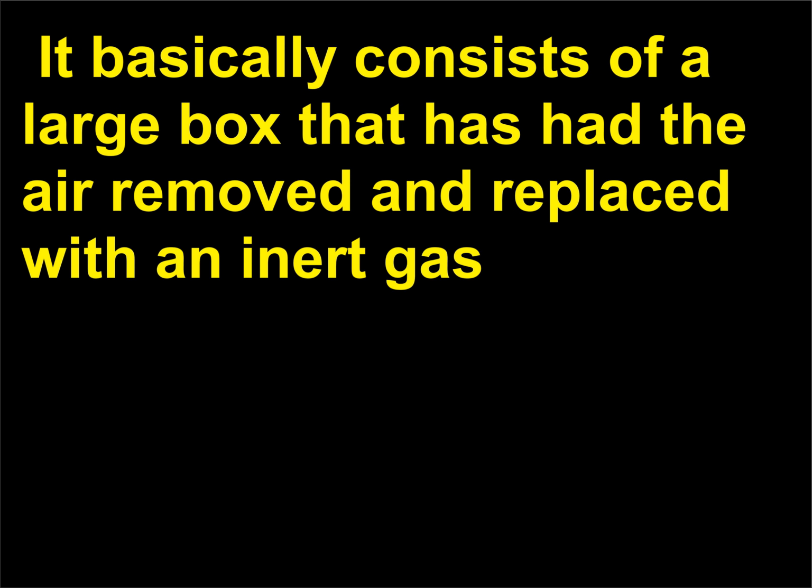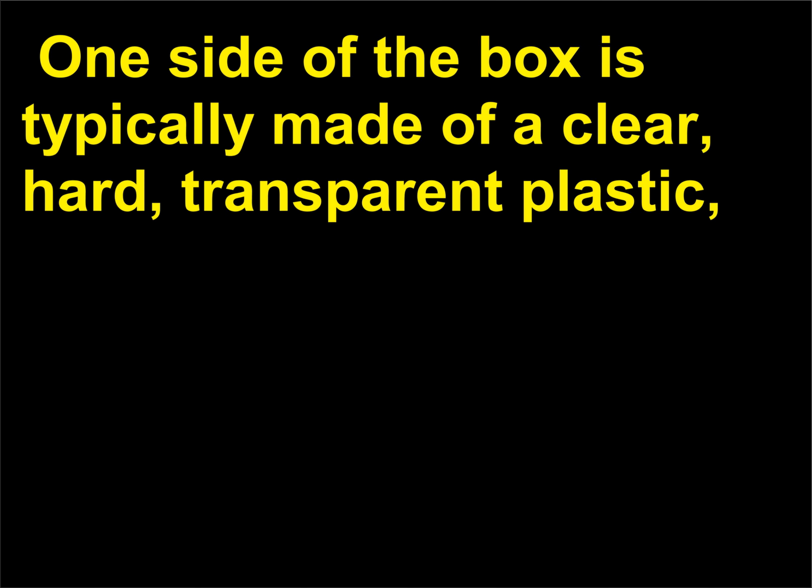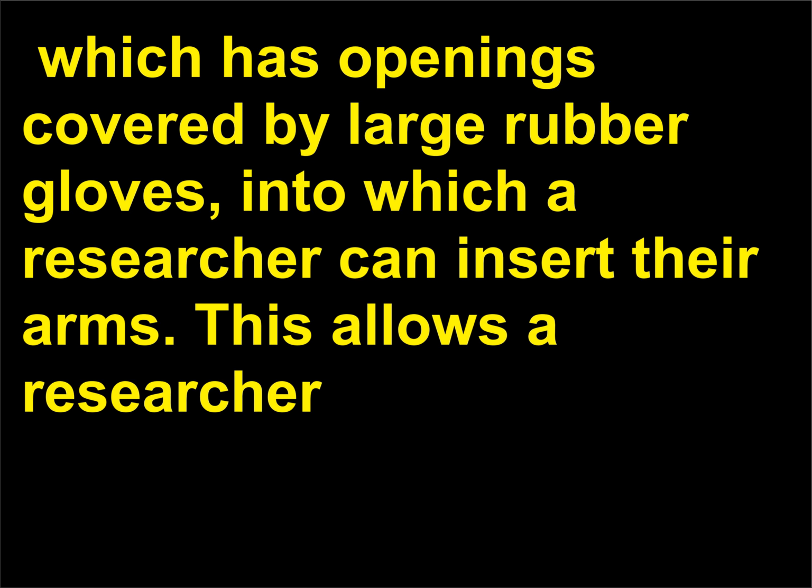It basically consists of a large box that has had the air removed and replaced with an inert gas, like pure nitrogen or argon. One side of the box is typically made of a clear, hard, transparent plastic, which has openings covered by large rubber gloves, into which a researcher can insert their arms.